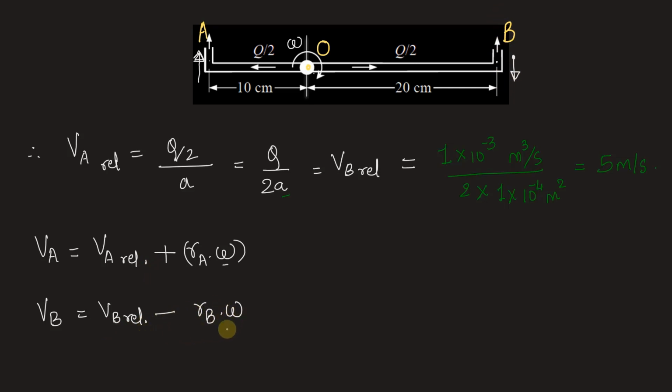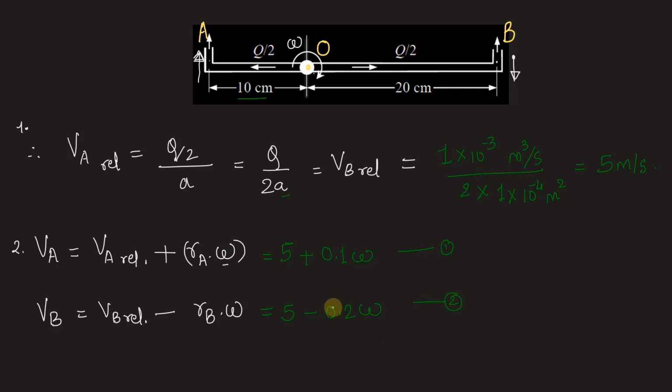This is very important, that you need to add and subtract the velocities appropriately. Let's find out these velocities. We have 5 plus, this distance in meter is 0.1 meter, into omega, the unknown. Let's keep it as it is. This is 5 minus 0.2 omega. Let these be equation 1 and 2.